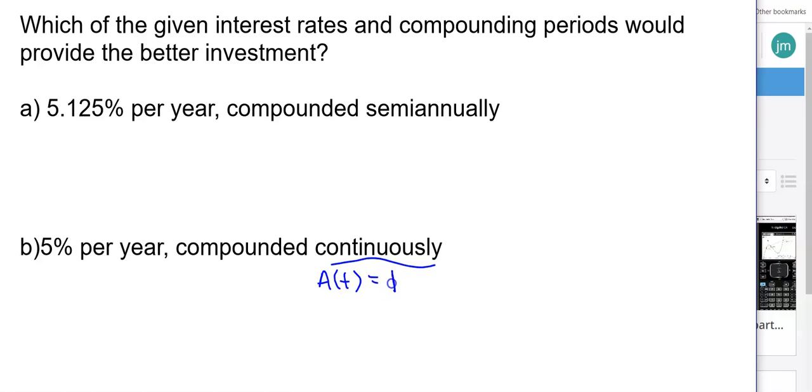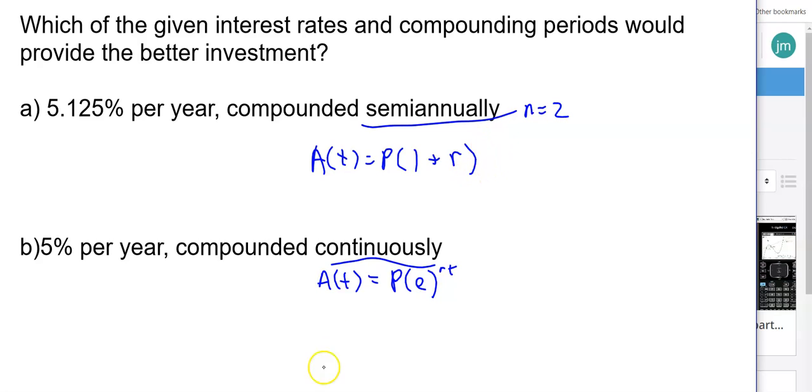The one we just did is P times e to the rt power. If it's compounded semi-annually, that means the n value is equal to 2. That's how often it's compounded. And the formula is A of t equals P times, if you remember it from the other day, 1 plus r.